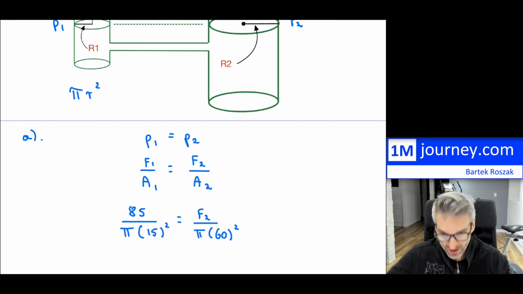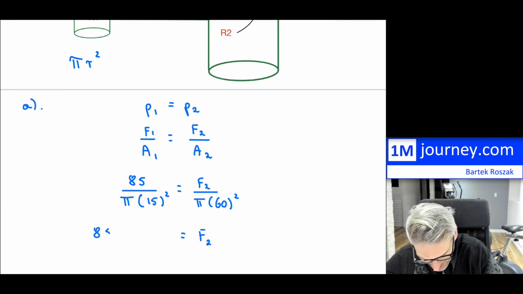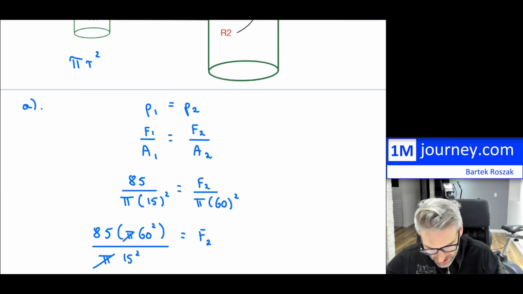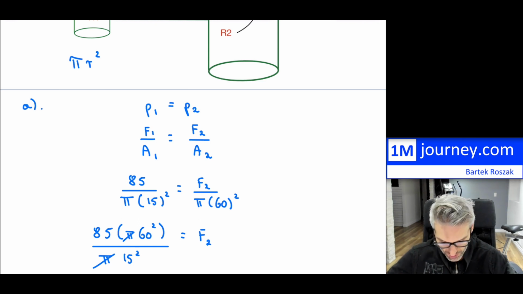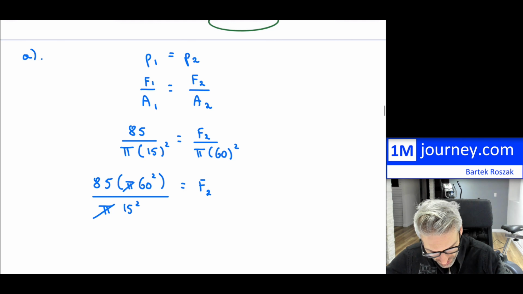Because if I'm solving this out, F2 is going to be equal to just 85, and then multiply both sides by that area, so pi of 60 squared, divided by pi of 15 squared. The pi's cancel, and notice that you have centimeters squared on top and centimeters squared at the bottom. So you can certainly change this to meters. The ratio is still going to be the same. And that would have been our answer for F2.